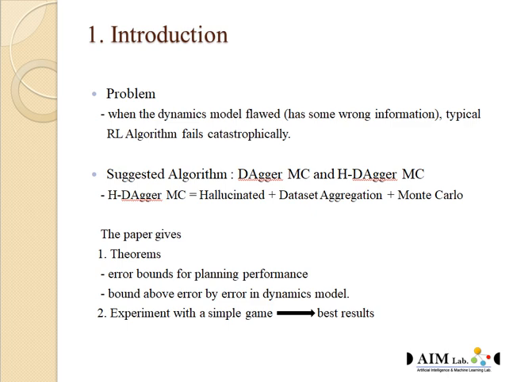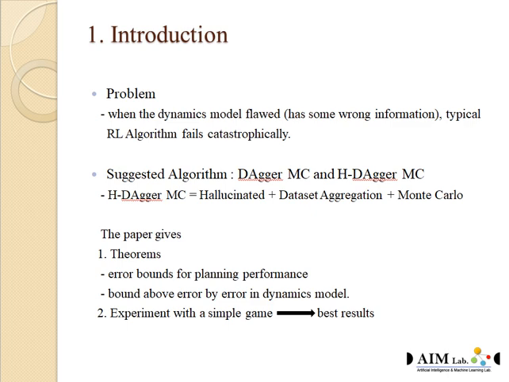So the paper suggests algorithms: the first one is DAgger MC and the second is H-DAgger MC. DAgger means data aggregation, MC means Monte Carlo, and H means hallucinated. I will explain it later in detail.